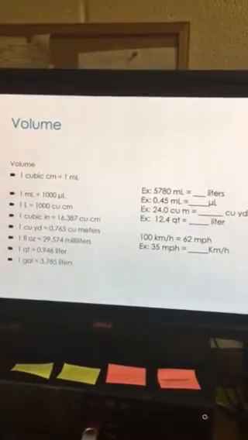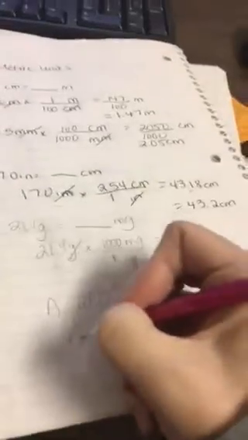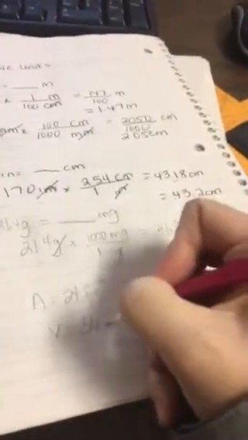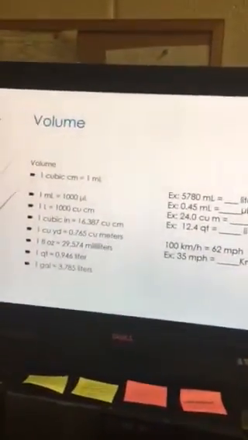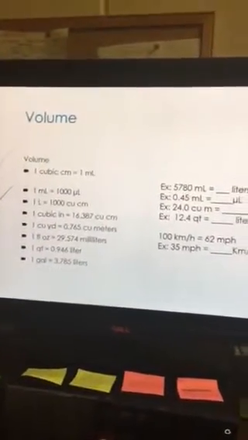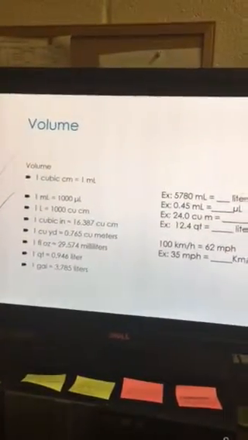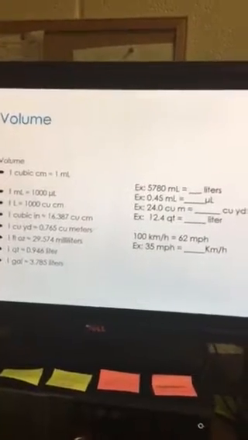Your units are always cubic. So if you were doing volume, for example, and your answer was 36 inches, you could write it like that, cubed. Make sure your units are always correct for that. And you do the conversions the same way. Again, the squiggly little line means it's approximate, so it's not quite exact.